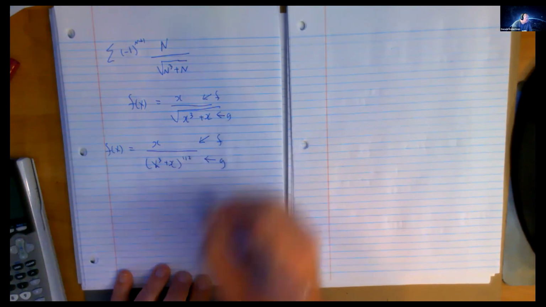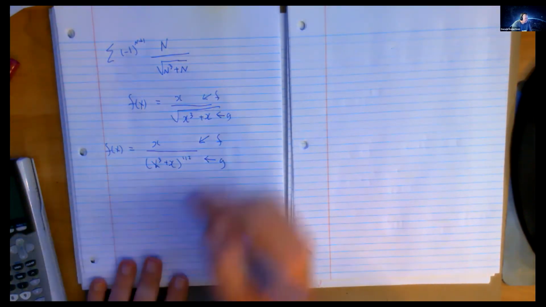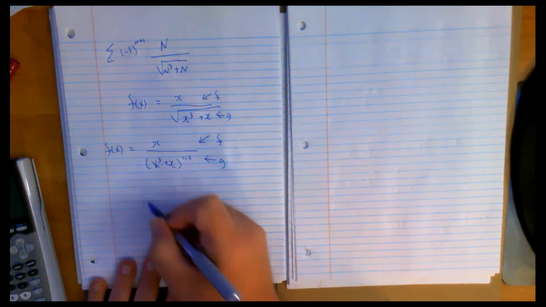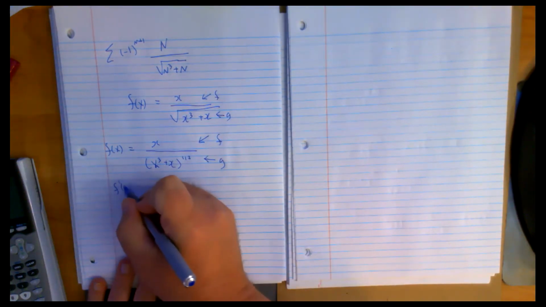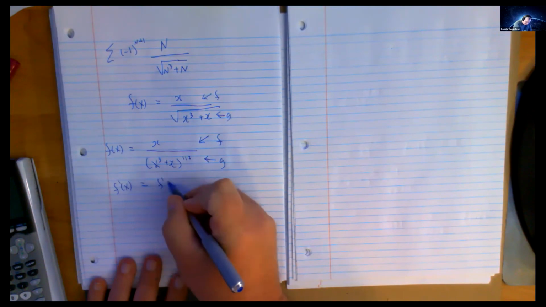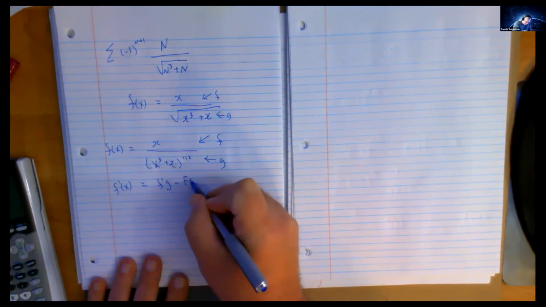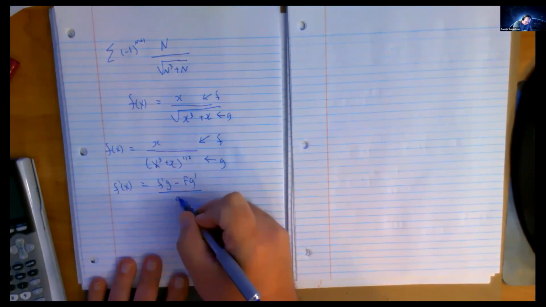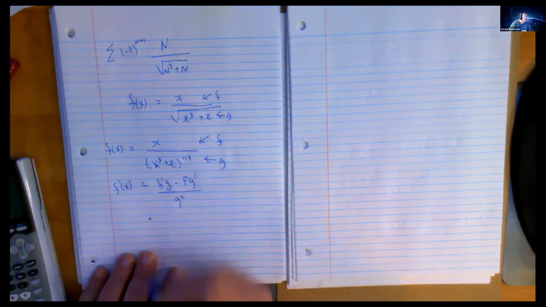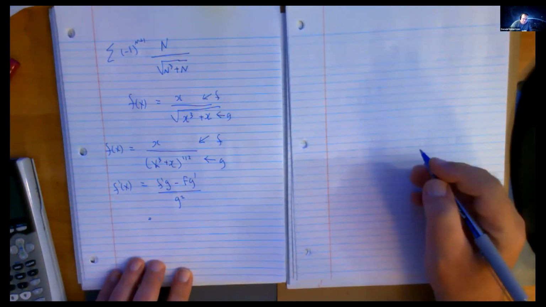Do you recognize this as a quotient rule for differentiation? So the derivative is going to be f dash g take away f g dashed over g squared. I'm picking this ugly guy so that in the future today I can just say trust me, you can differentiate it and prove it's negative rather than spending 10 minutes doing every single one of them, because some of them take you forever.